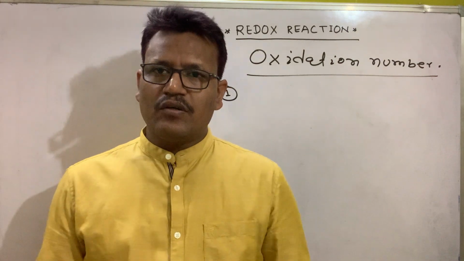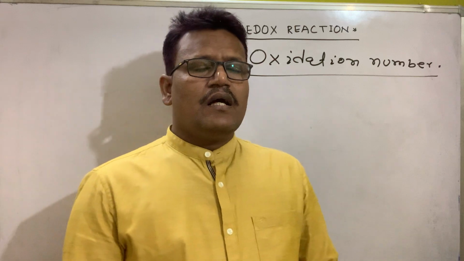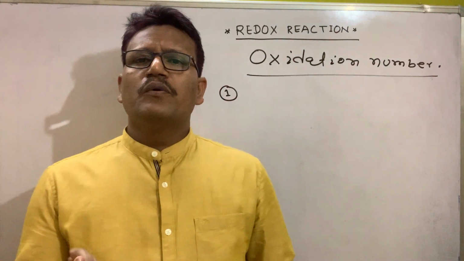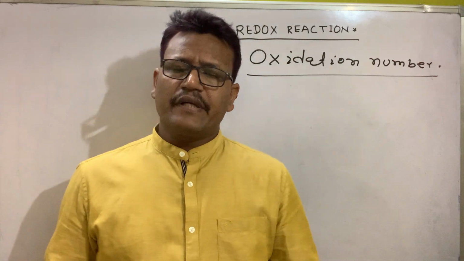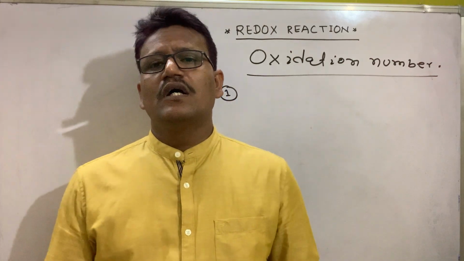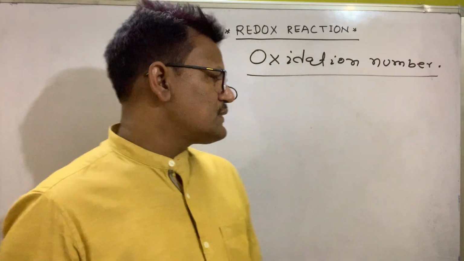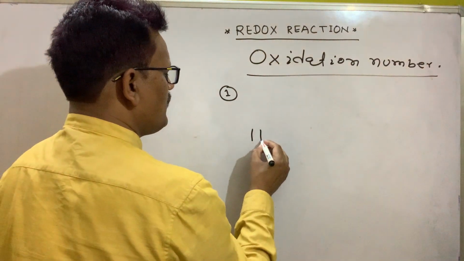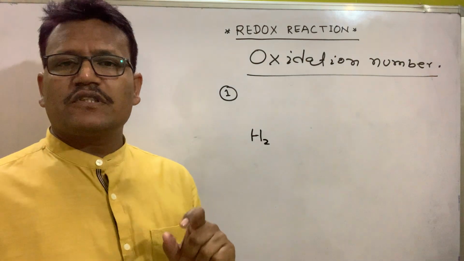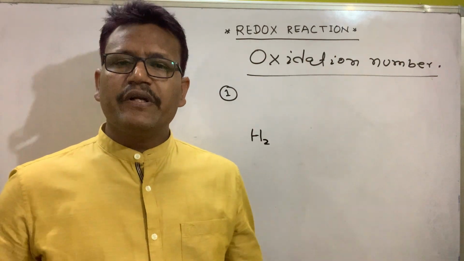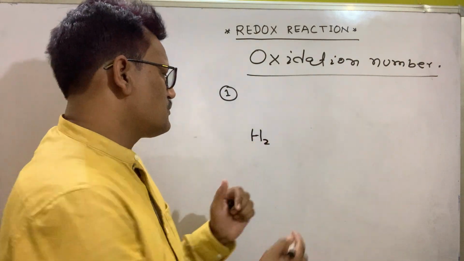In free state or uncombined state, where we have only one type of atom, or also in self-combined state, as we have H2, where two atoms of hydrogen are bonded together to form H2.